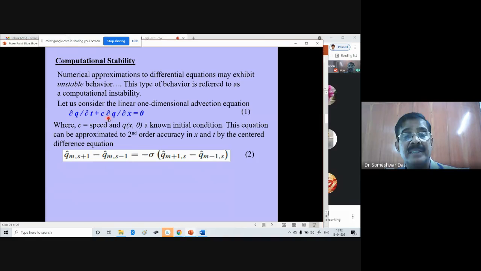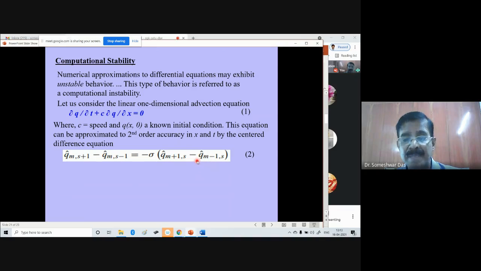We are just discretizing the term ∂q/∂x numerically. Then c is transformed to sigma. And q at m plus 1 indicates the value of q at the next grid point in space, while s minus 1 is the previous time step.